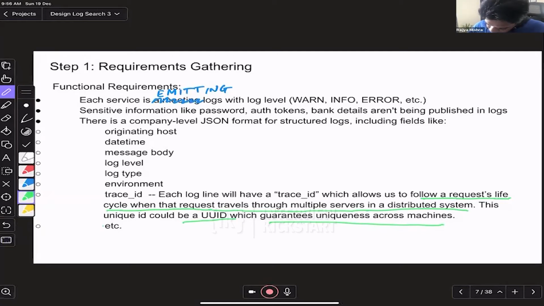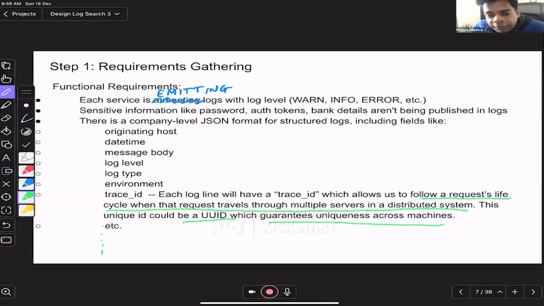And there could be some other fields in the JSON format as well. Yeah, Natasha, you can give it any name: trace ID, request ID. You can simply call it UUID also.